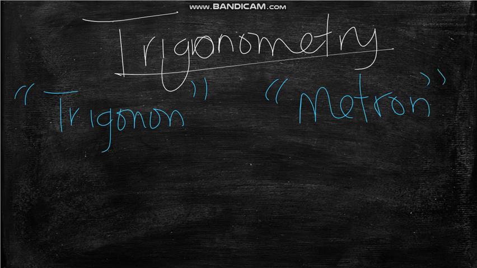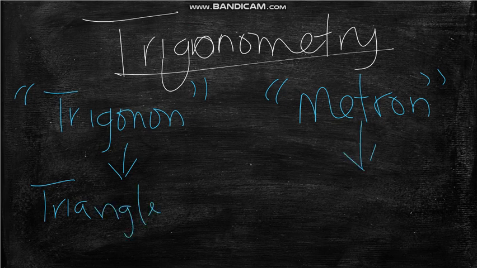The word trigonon simply means triangle, and metron simply means to measure. So basically the concept of trigonometry is simply the measure of triangles.